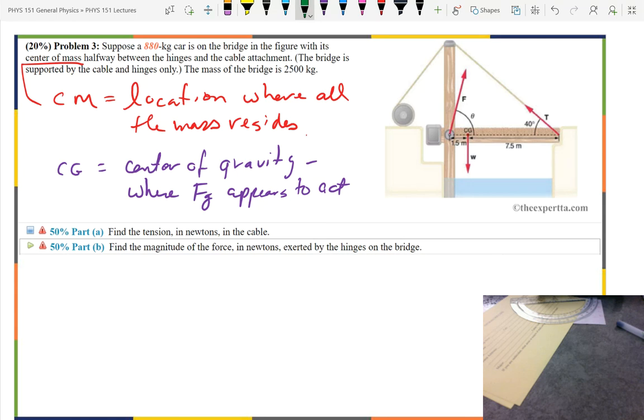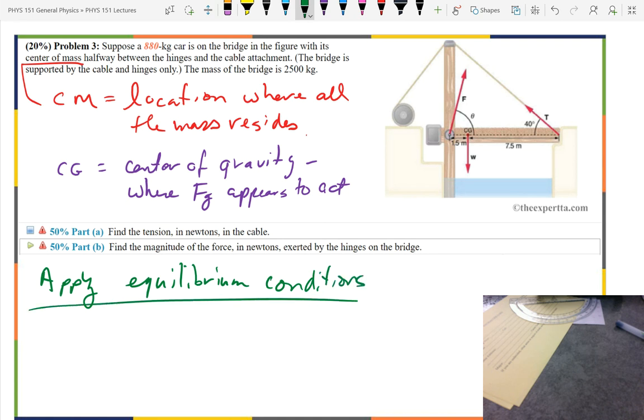So what we need to do is apply our equilibrium conditions. How do I know I can apply my equilibrium conditions? Because the acceleration of this thing is 0, and the angular acceleration is 0.